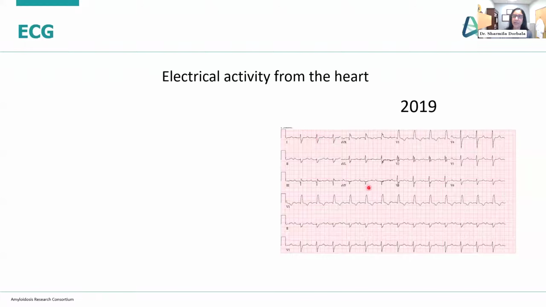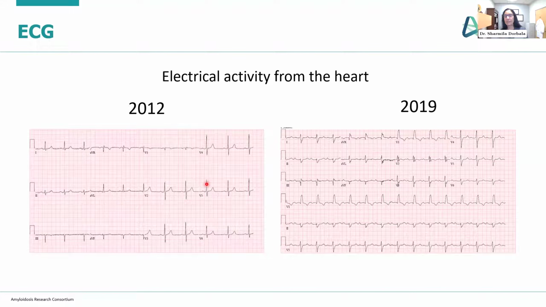So for example, this is an ECG from an individual with transthyretin form of amyloidosis, and we see what is called conduction system abnormalities. By itself, this ECG is not very specific. But when we look at the previous ECG of this same individual from 7 years prior, we recognize that this ECG changed substantially.